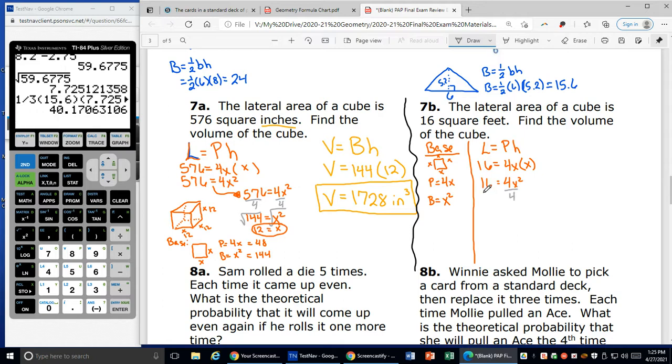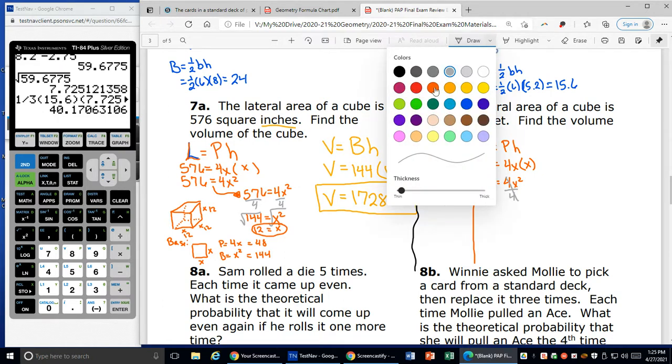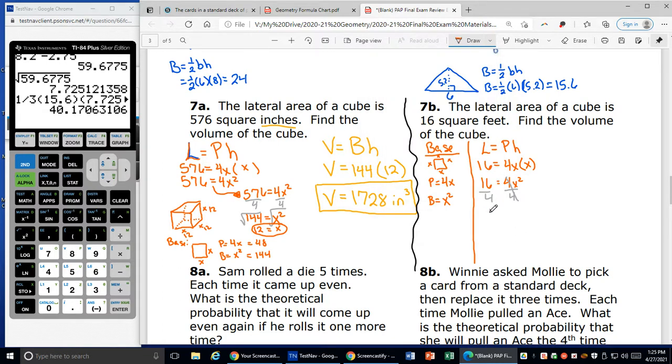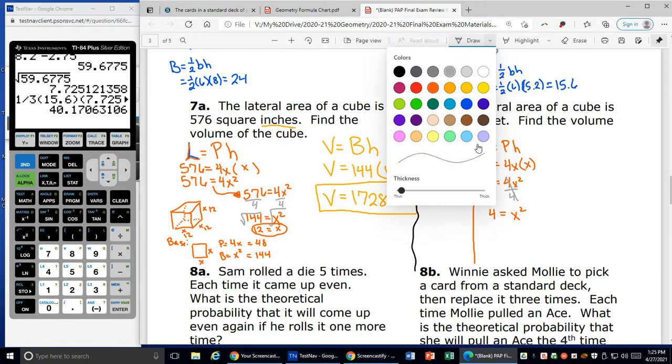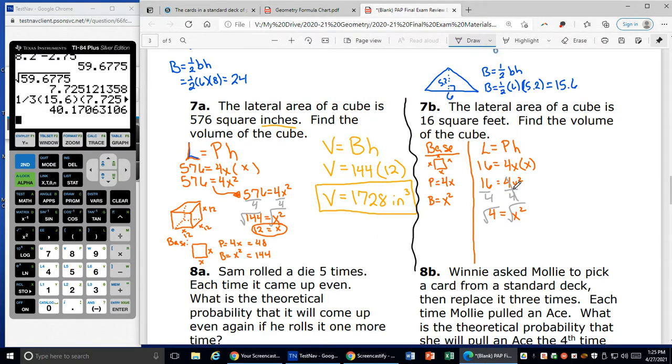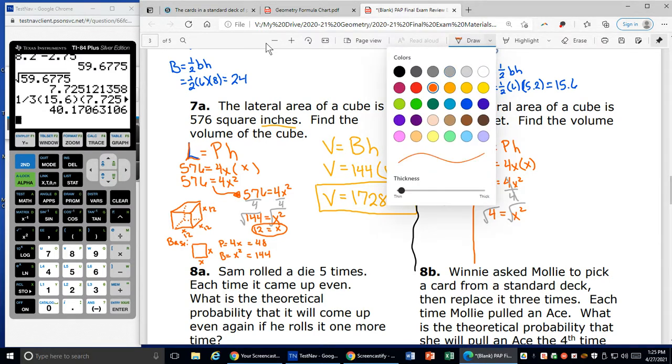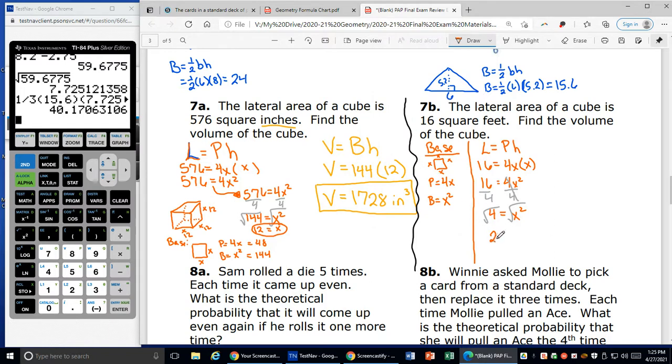Divide both sides by 4. 16 divided by 4 is 4. That equals x squared. So then to figure out what x is, if I square root, x has to be 2. x can't be -2. It has to be a +2 because it's a side length. So that means my perimeter is 4 times 2. My perimeter is 8. My base is 2 times 2. My area of my base is 4.